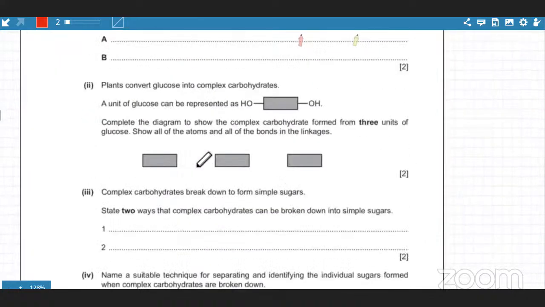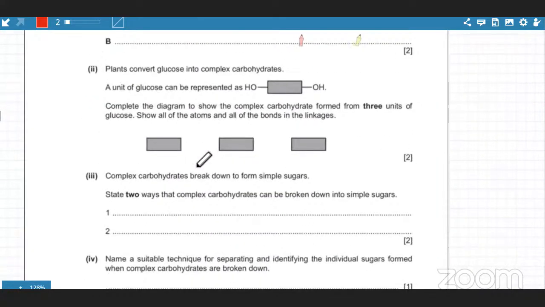Now the next part is plants convert glucose into complex carbohydrates. So we're being asked to draw the structure of starch. Now starch is a complex carbohydrate, as I've already discussed. It's a polymer. A glucose molecule, as they've shown above, is a diol. It has OH groups on both sides.